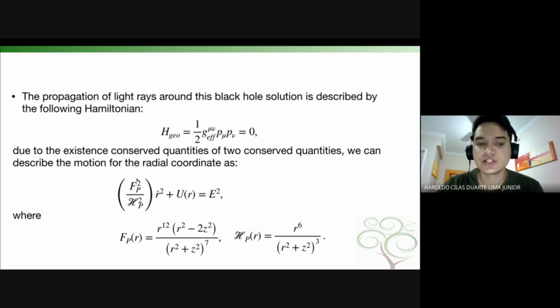So it's essentially reduced to the problem of a central force, where these two functions f of p and h of p are related to the background model. And this U of r is the effective potential for the motion of null geodesics in the effective geometry.